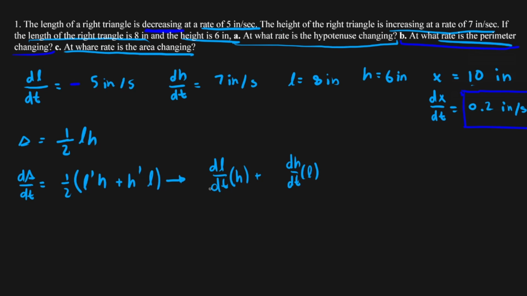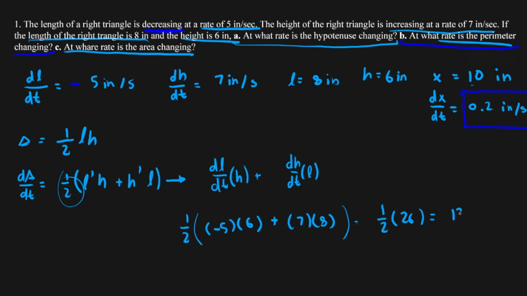So now we can plug in what we know. We know dL/dt is -5, the height H is 6 inches, dH/dt is 7, and the length is 8. And don't forget the half here. So we have 1/2 times -35 plus 56, we're going to get 1/2 times 26, which equals 13.